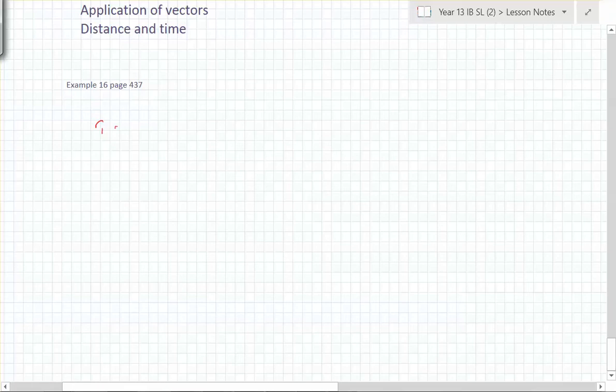So, typical question, this one we're going to go through as an example. Just got to understand really, when we say application of vectors, I'm not giving you any new skills, it's just about applying it to a certain situation. So we're saying that the position vector of a boat t hours after it leaves a harbour is given by, so R1 equals, now I'm going to add something in here, just maybe to help you keep things consistent, right?